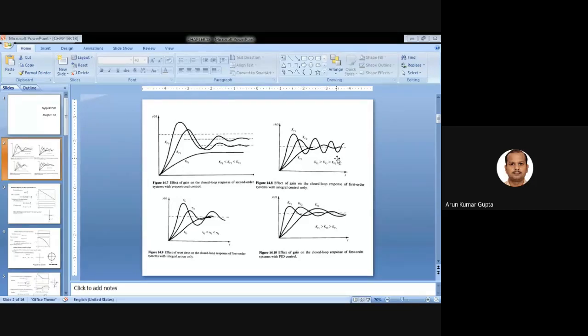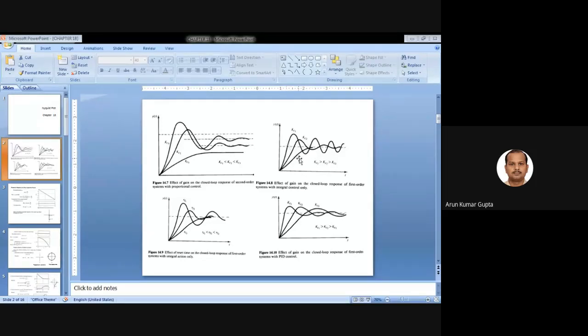Here you can see a first order system with integral control. Integral control means we have the PI system, but now the Kc value is increasing. So Kc1 will go like this, Kc2 will be like this, Kc3 will be like this.